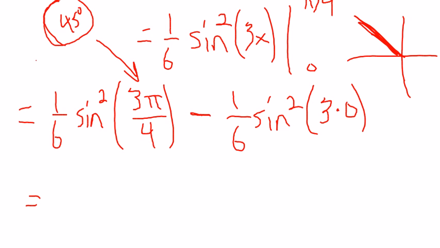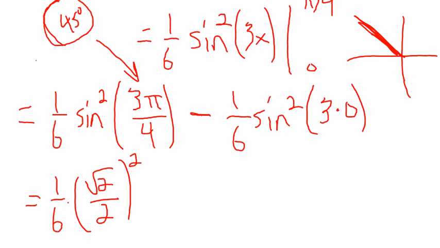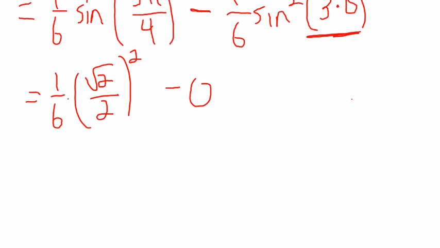But I know it's 45 degrees, so I know it's root 2 over 2. I know that from my unit circle. So I have root 2 over 2, but it's got to be squared, and then multiplied by 1/6. And then this is easy. Sine of 0, well, that's here. It's the y-coordinate, so it's just minus 0.